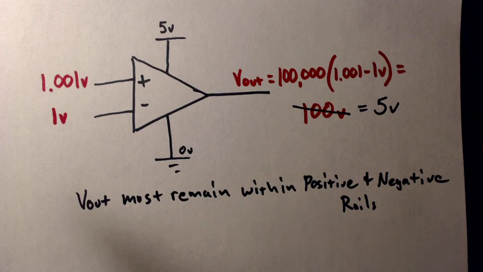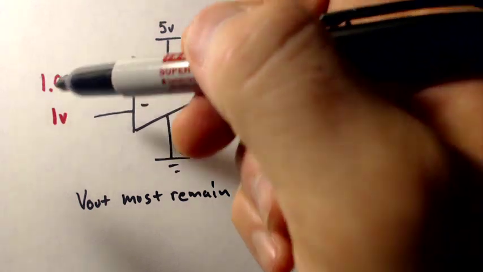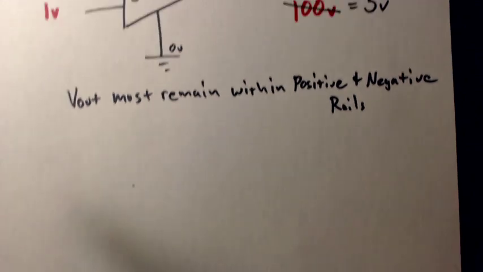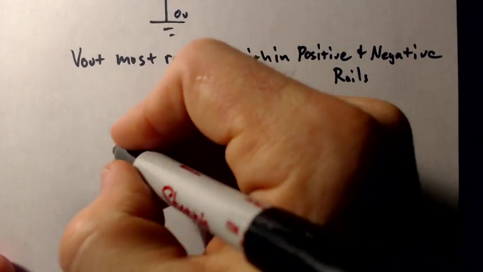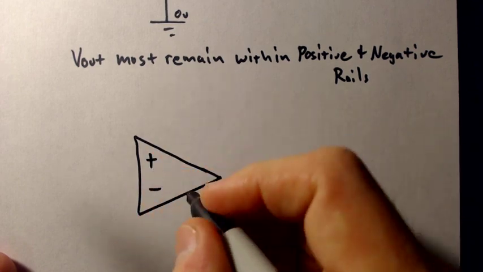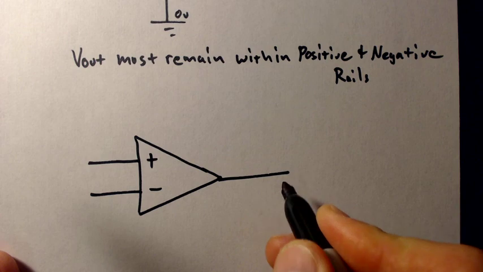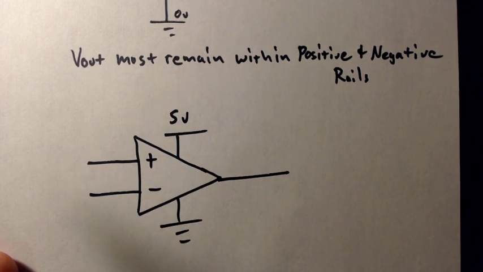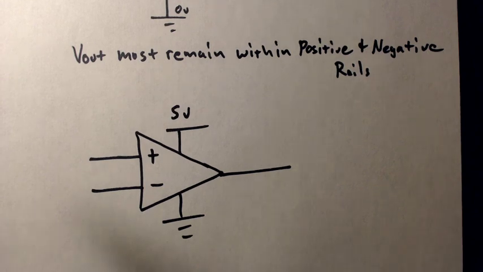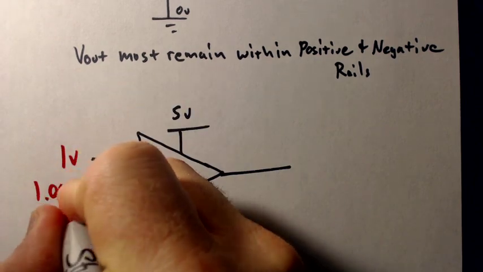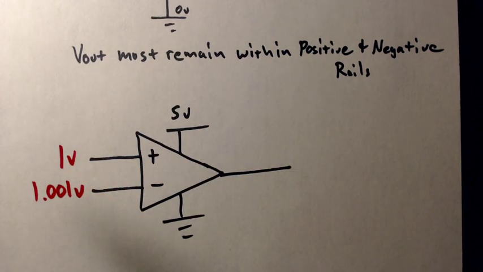Now, let me do this same exact circuit, and all I'm going to do is swap the 1 volt and 1.001 volts. I'll redraw this and keep everything the same, except I'm going to flip it and put 1 volt here and 1.001 volts on our inverting input.